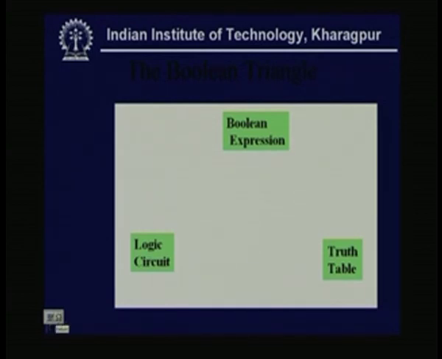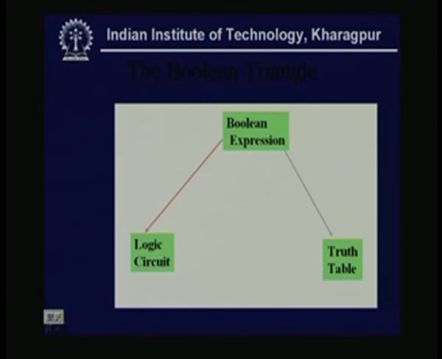Now, how are they related? If a Boolean expression is given, I can draw a logic circuit from it. A logic circuit is a circuit consisting of a number of logic gates, of the types we have just read: OR, AND, NOT, NAND, etc. Also, if the Boolean expression is given, I can draw a truth table.